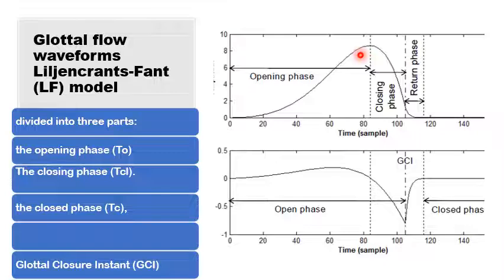A closing phase, where the vocal folds are starting to close back the glottis with decrease in the flow and a more prominent deceleration of the flow until the point of the glottal closure instant, and then it's followed by a return back to the baseline with only a little flow in the end of the closing phase before starting the opening phase.